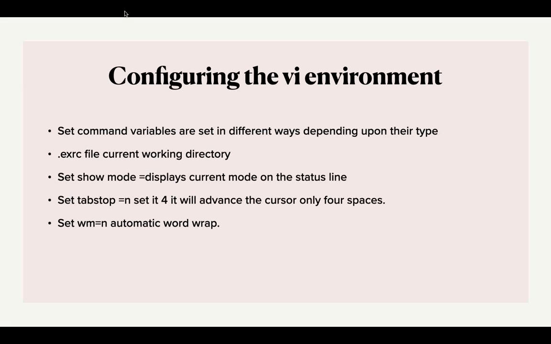We have two types of configuration: one is the set command, and the other is the .exrc file. The set command will display the current mode you are using. It enables the user to use any internal vi variables, and variables can be anything depending on the user's will.